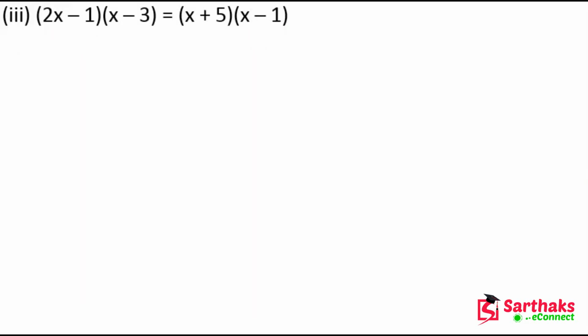So the next question is, same again, we have to simplify this expression. So we get 2x into (x minus 3) minus 1 (x minus 3), which is equal to x into (x minus 1) plus 5 into (x minus 1).